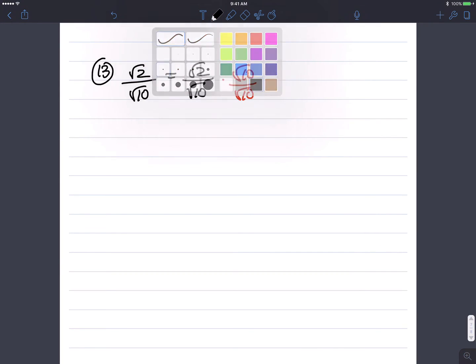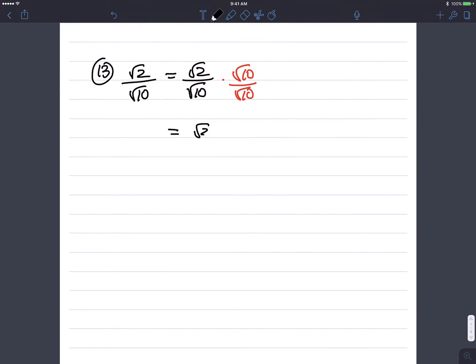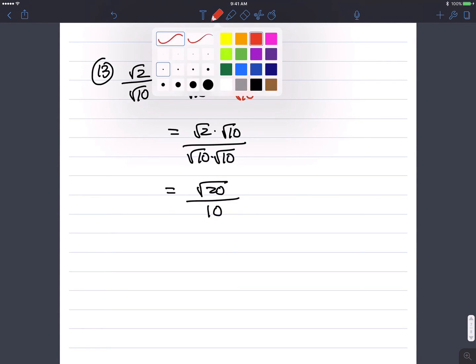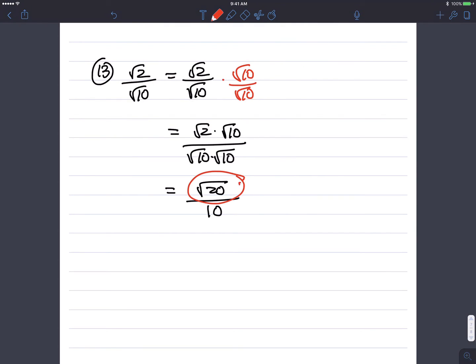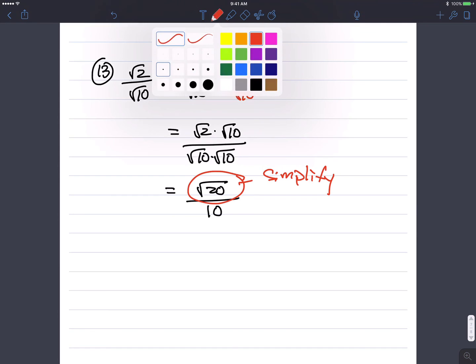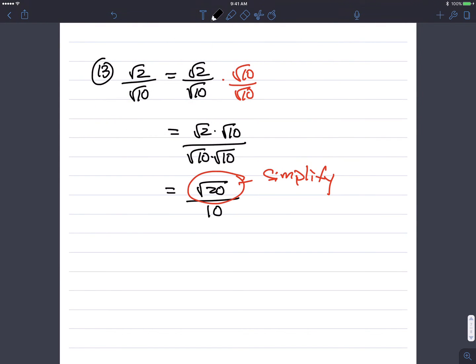What you end up with here is the square root of 2 times the square root of 10 over the square root of 10 times the square root of 10. The square root of 20 over 10. Now, my radical, the square root of 20, can be simplified. So we're going to have to simplify this. Let's notice that the square root of 20 is written as, here, let's simplify.